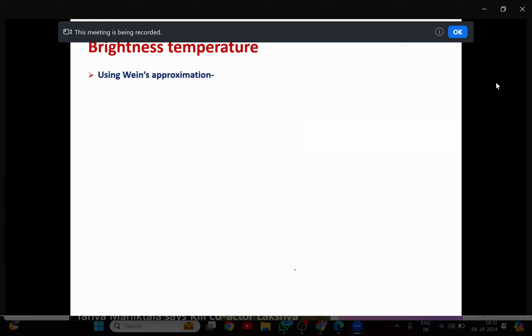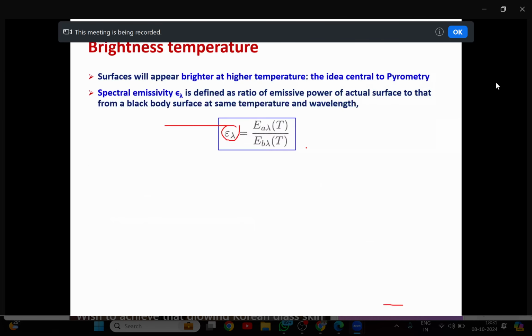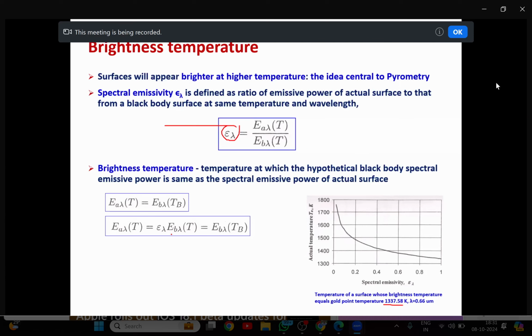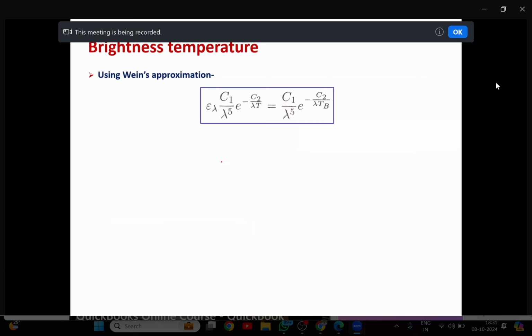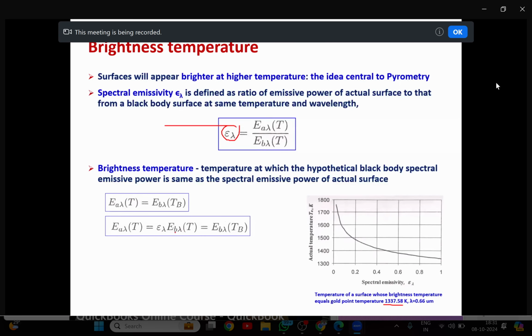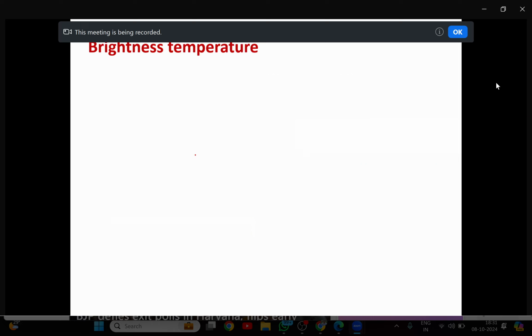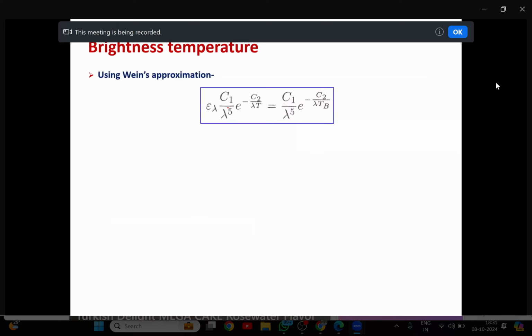Okay, so now we work with Wien's approximation, which is this formula here. And we just express these things in terms of Wien's approximation. So when you do that, the left-hand side is basically epsilon lambda into C1 divided by lambda to the 5 e to the power minus C2 over lambda T, because this is at the actual temperature.